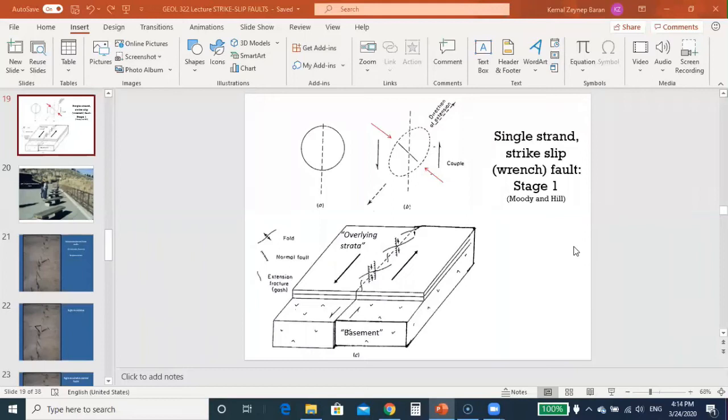In strike-slip tectonics, not only main strike-slip fault strands, but also other structures form at the same time, synchronously. These structures can be confusing because sometimes they have very different kinematics than main strike-slip fault strands, or different orientation.